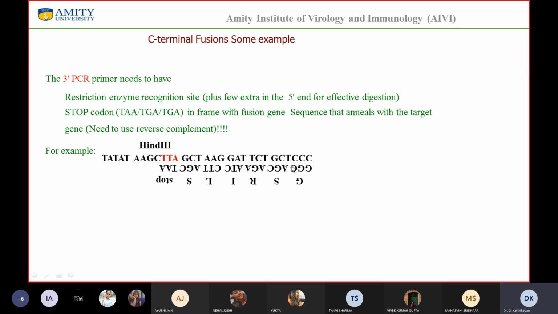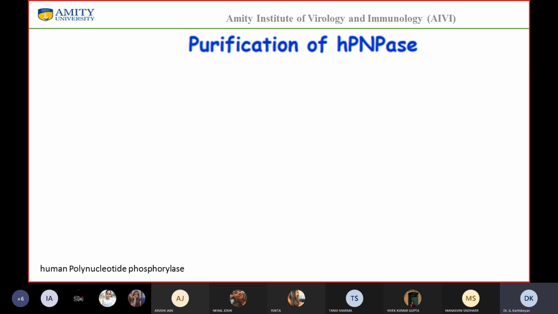You need to use this as your primer sequence. Are you able to see the cursor moving? Yes, sir. Okay, so we need to use this as a primer, and then we need to include a stop codon at the end of it.